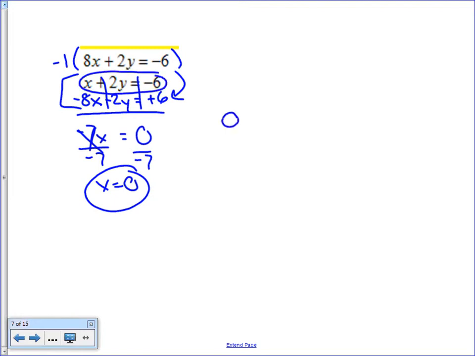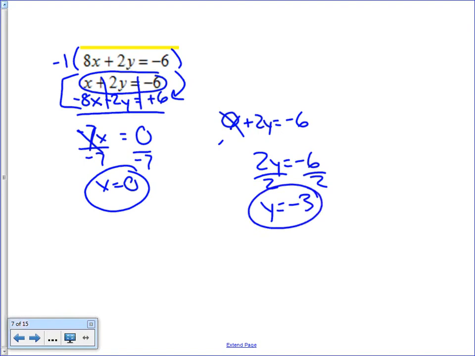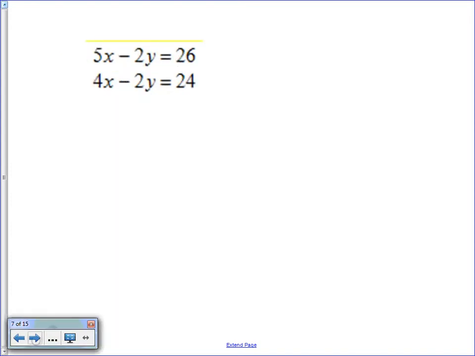So we have 0 plus 2y equals -6. Now the 0 is just going to cross out, so we get 2y equals -6. Divide by 2 on both sides, I get y equals a -3. Okay, so we have the coordinate (0, -3) for that one.